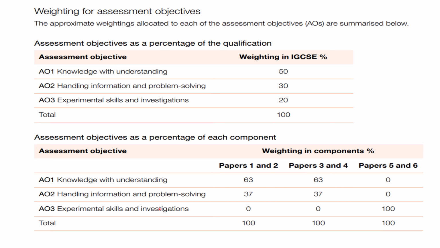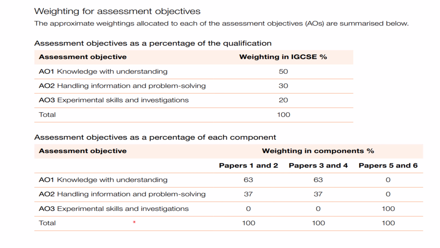Handling information and problem solving, which is Assessment Objective 2: the weightage for paper 1 and 2 for core students 37%, paper 3 and 4 for extended students also 37%, and for paper 5 and 6 0%.